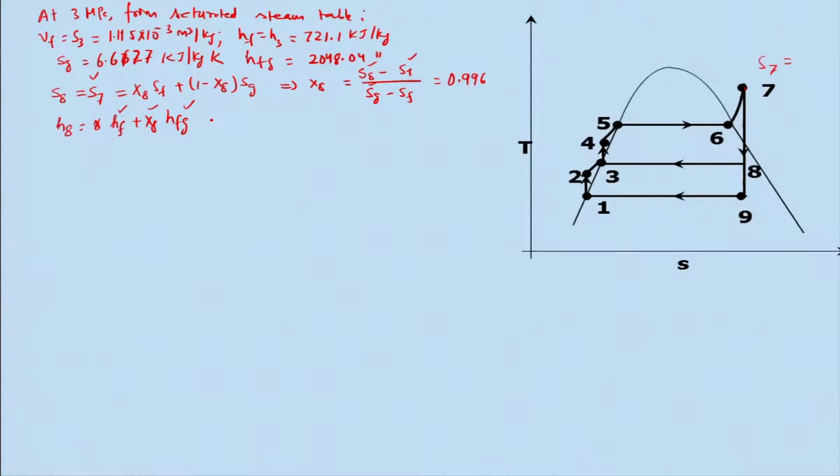Therefore, I can substitute these values: 721.1 plus 0.996 into 2048.04. It is equal to 2760.9 kilojoule per kg.